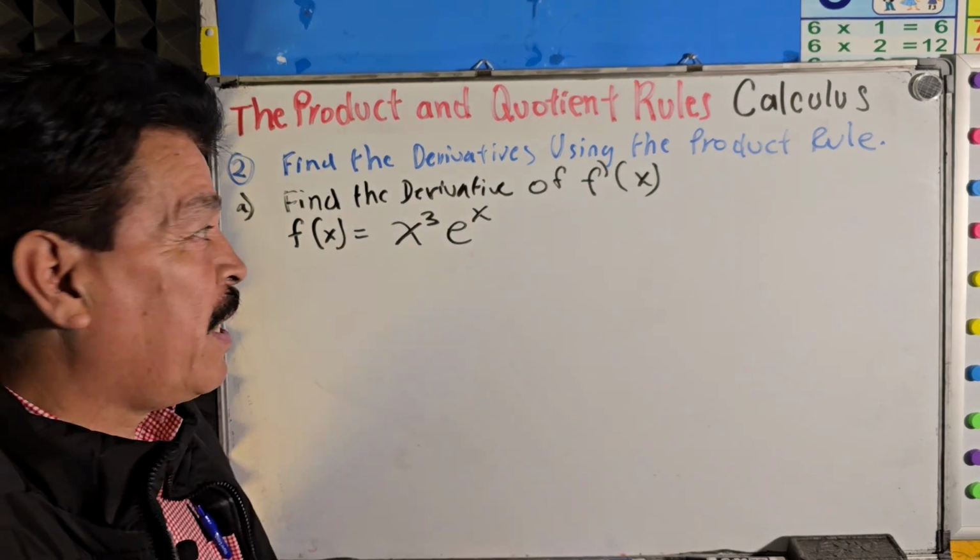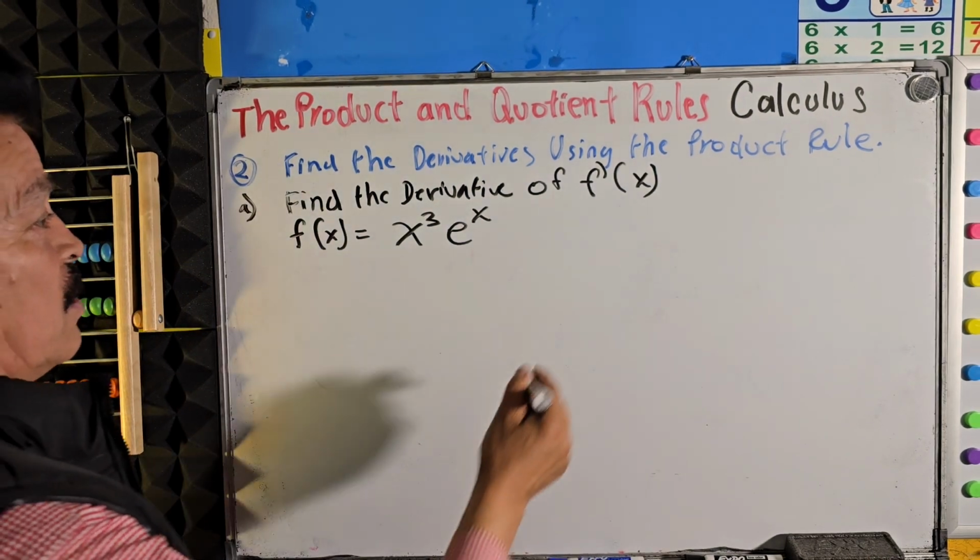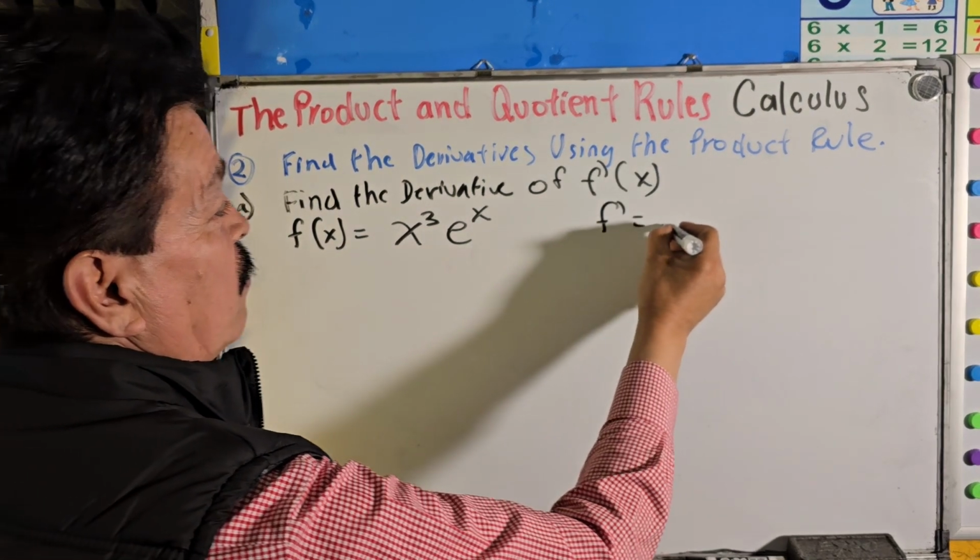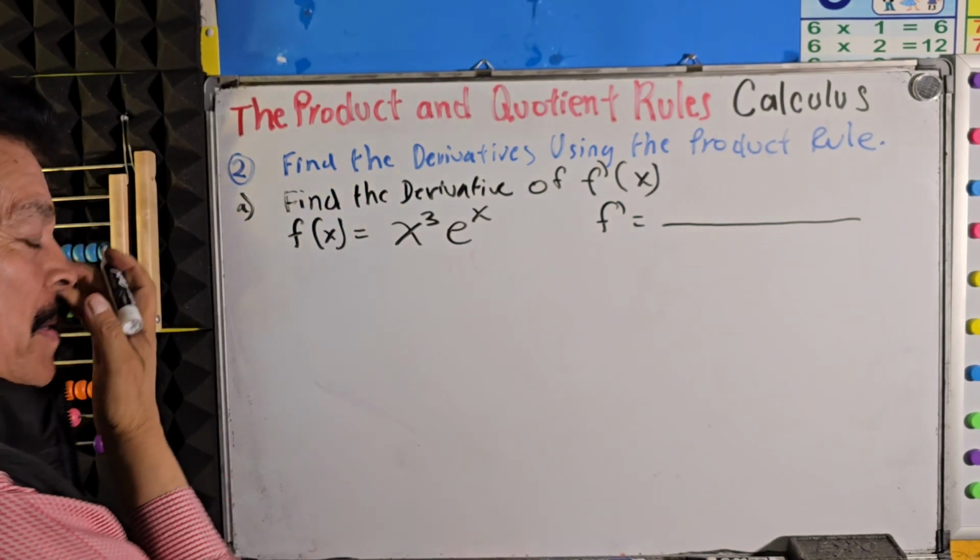So this is our problem. We have to find the derivative of this. So f prime equals, what is the answer?